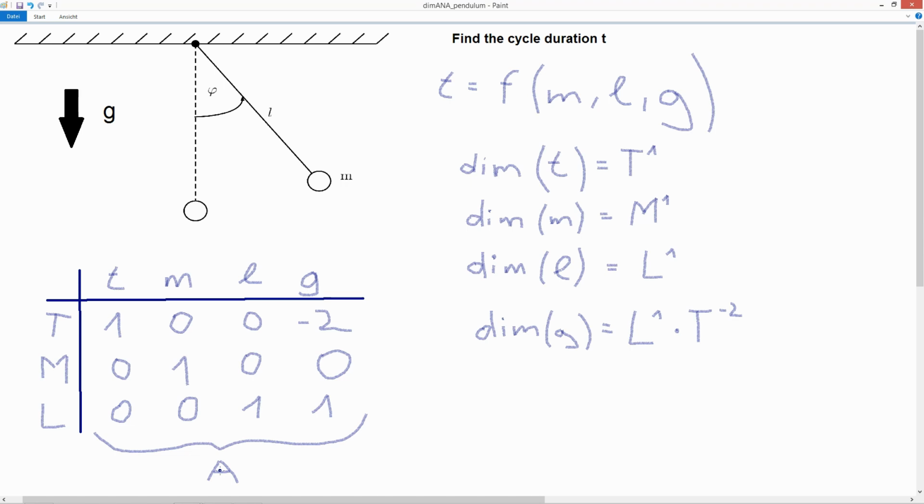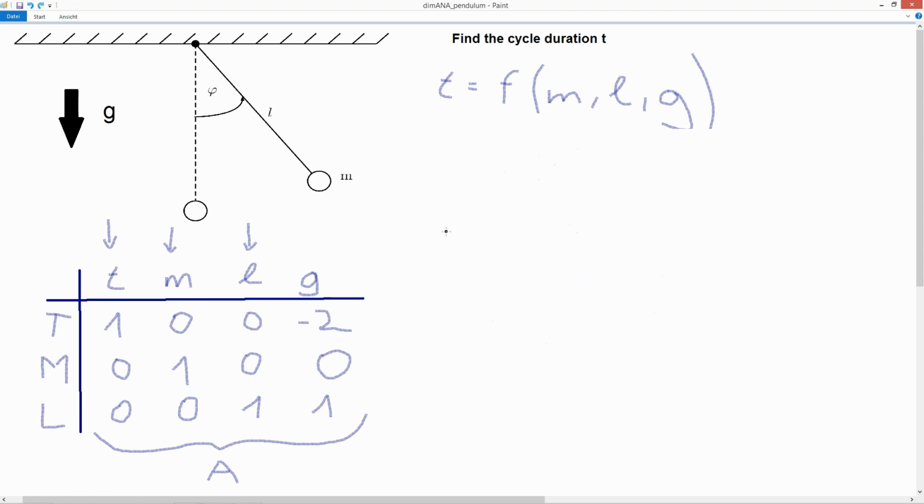In our example, we will pick the first 3 columns. So this one, that one, and that one. The first 3 columns are obviously linear independent.